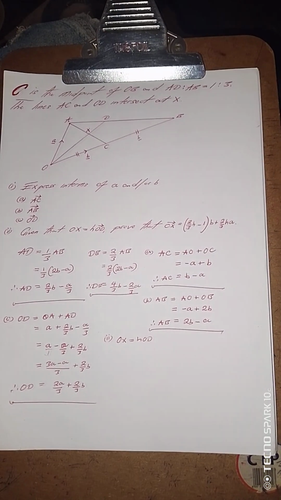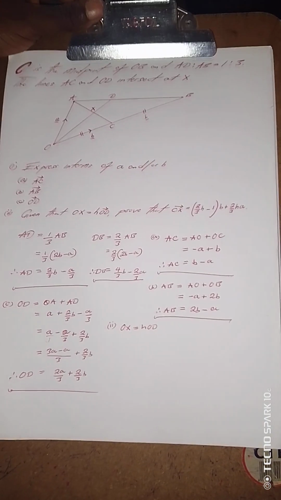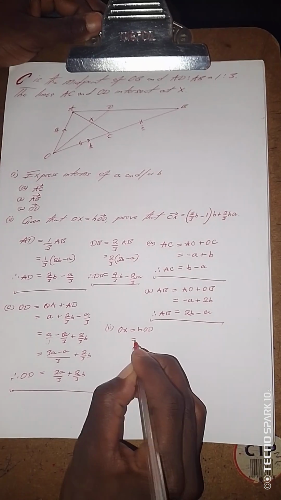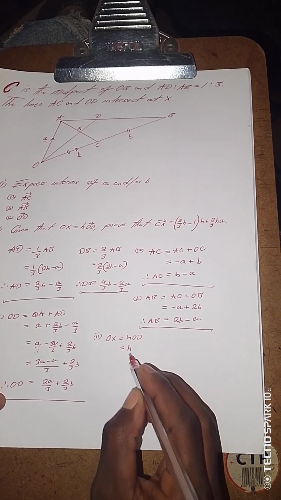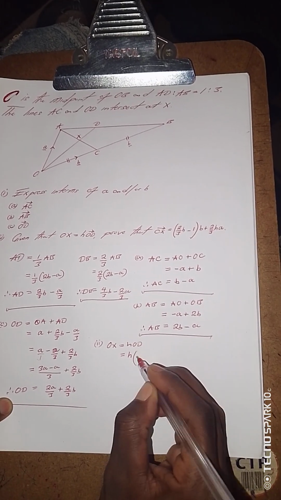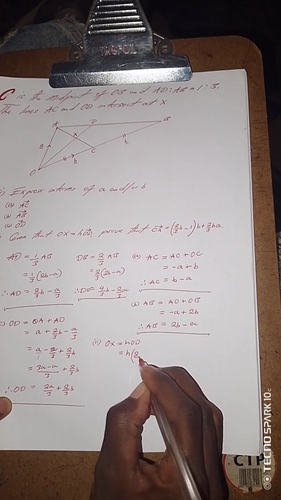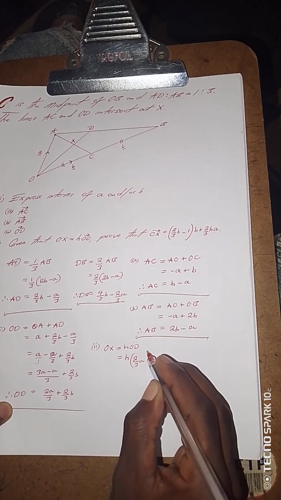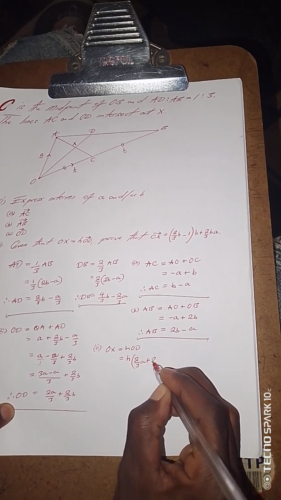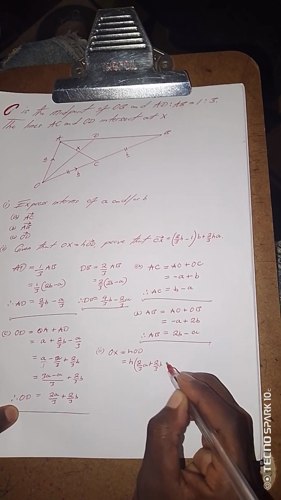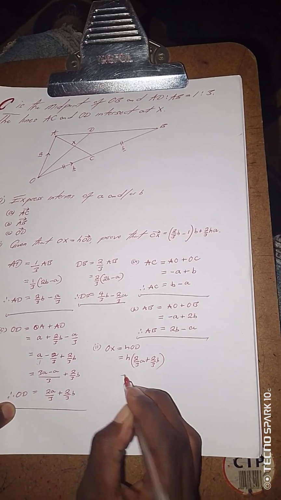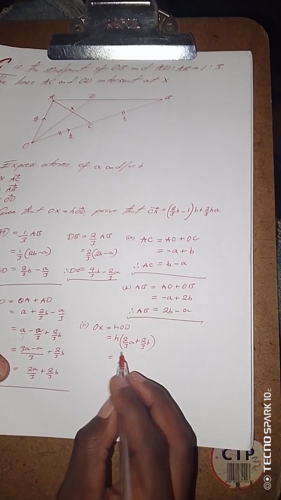So this h means scalar. It's a scalar, h. So you write h and then you open brackets, you put OD, the one you got from solving, 2 over 3A plus 2 over 3B. And then simplify things now.